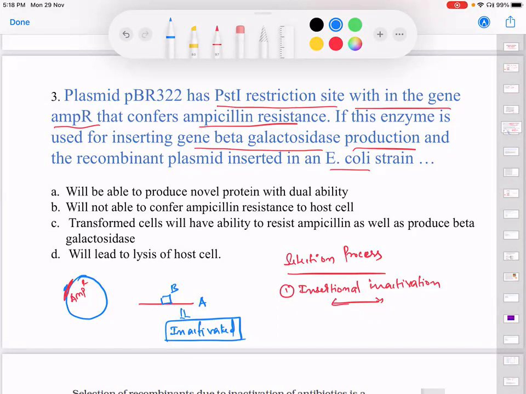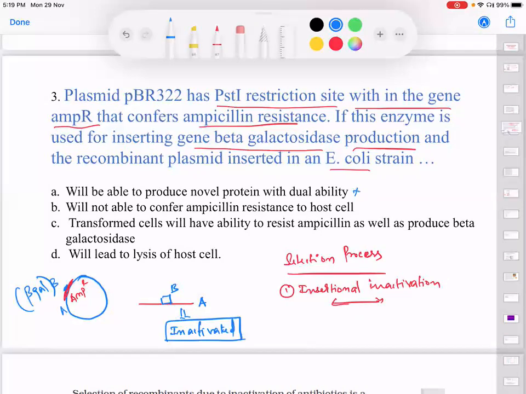Obviously, you can consider this as gene A and this as gene B. Due to the presence of gene B, gene A gets inactivated. So gene A here is ampicillin resistance, and this is nothing but beta galactosidase. So the one resistance which the plasmid was providing to the cell, ampicillin resistance, will not happen now. Right, so what will be the option?